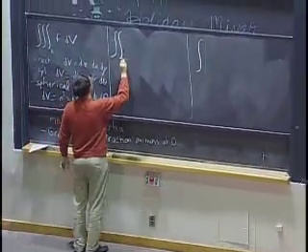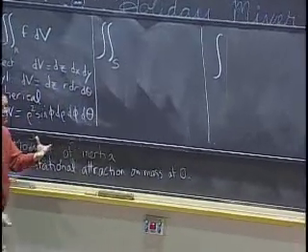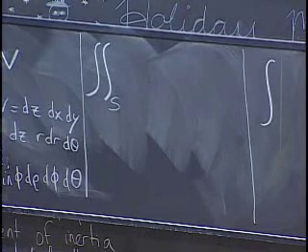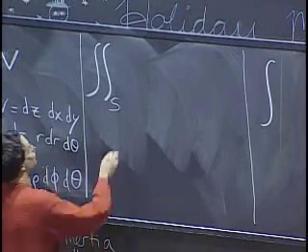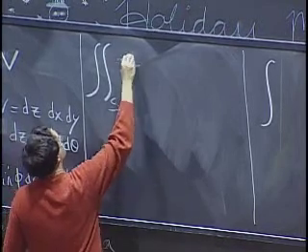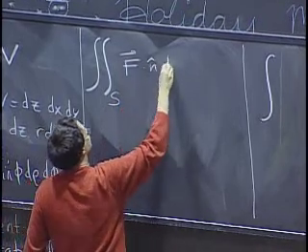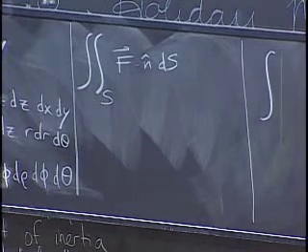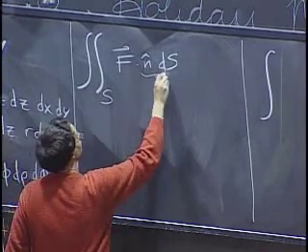Now, surface integrals. When we have a surface in space, what we've seen how to integrate on it is a vector field dotted with the unit normal vector times the area element. And this is sometimes called vector dS.